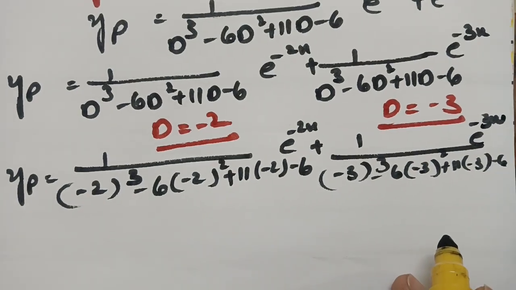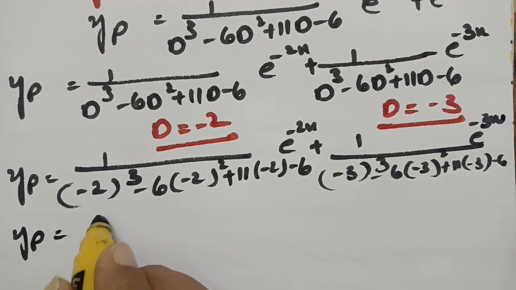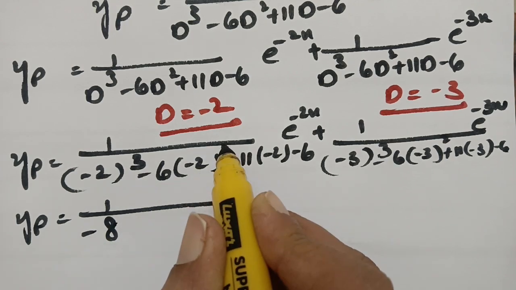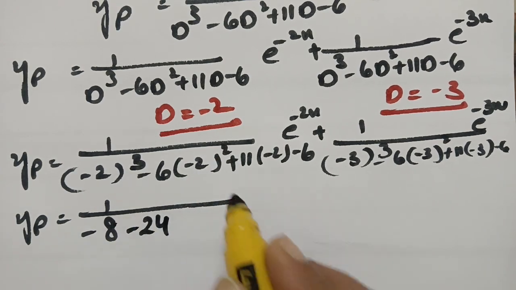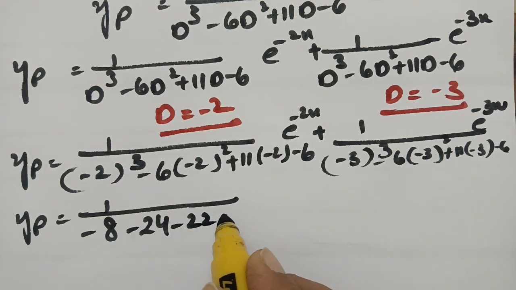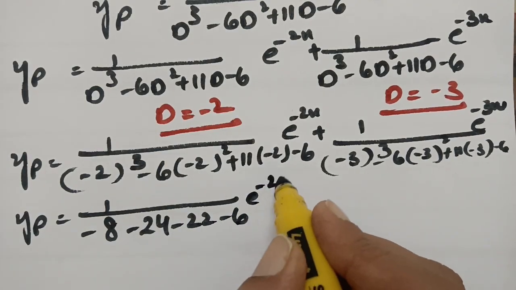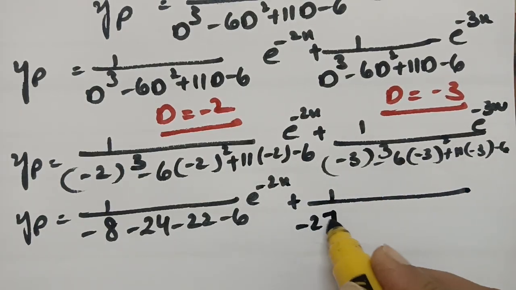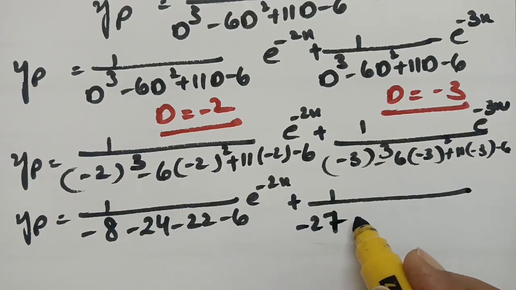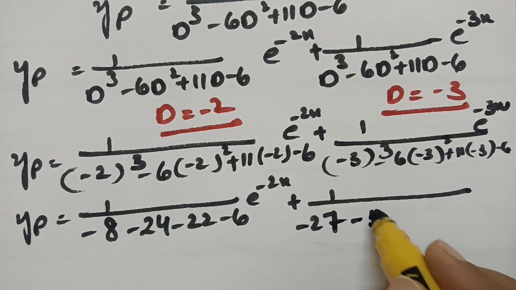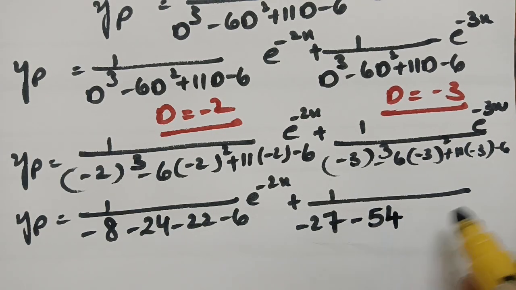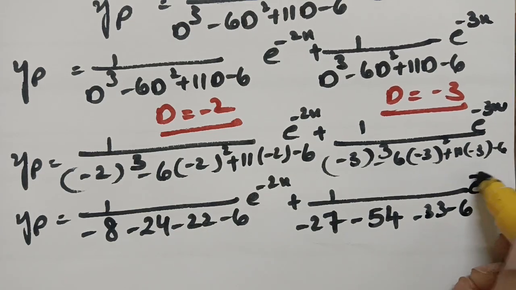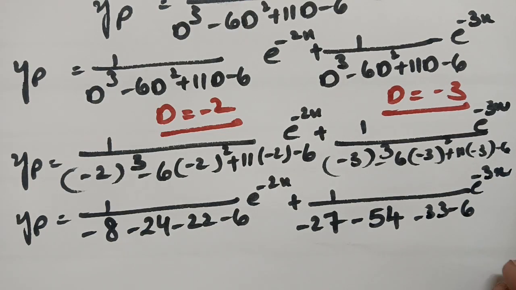And therefore the yp value is going to become: this value is minus 8, this is plus 4, this value is 4 times 6 which is 24, this is minus 22, minus 6 into e power minus 2x. Plus, minus 3 whole cube is minus 27, and 9 into 6 is 54, and this is minus 33, minus 6 into e power minus 3x.